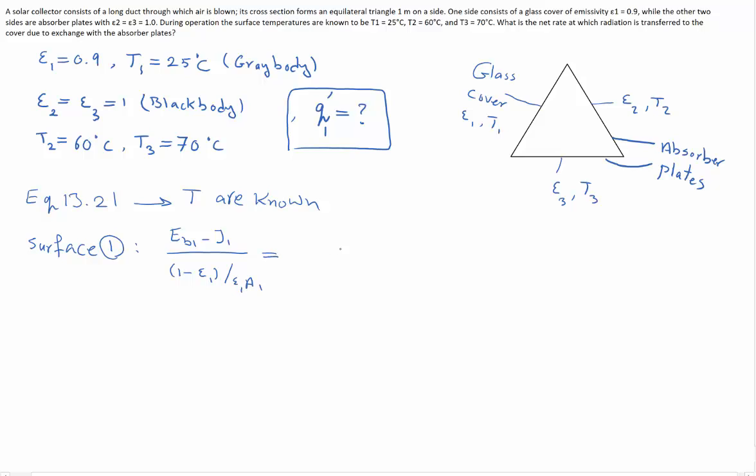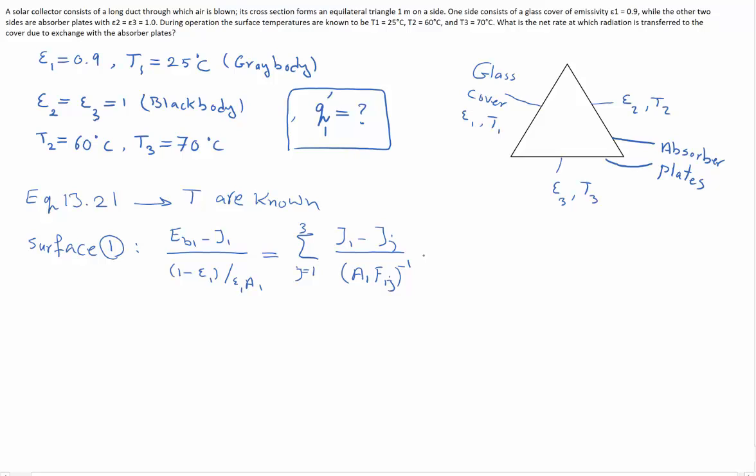This is going to be equal to the sum of (J1 minus Jj) over (A1 F1j) raised to the power of minus 1. j here will be from 1 to 3 because we have only 3 surfaces.